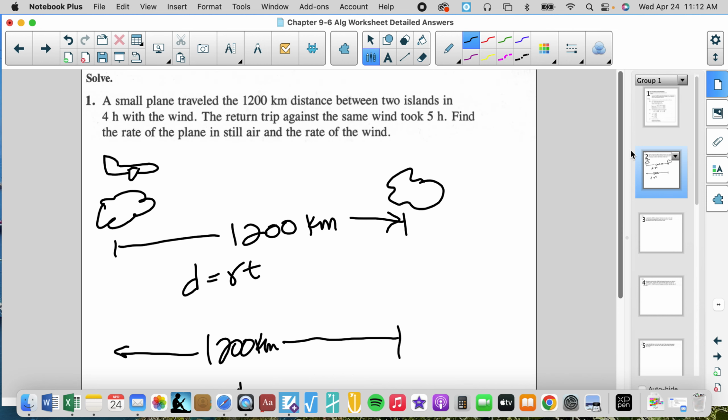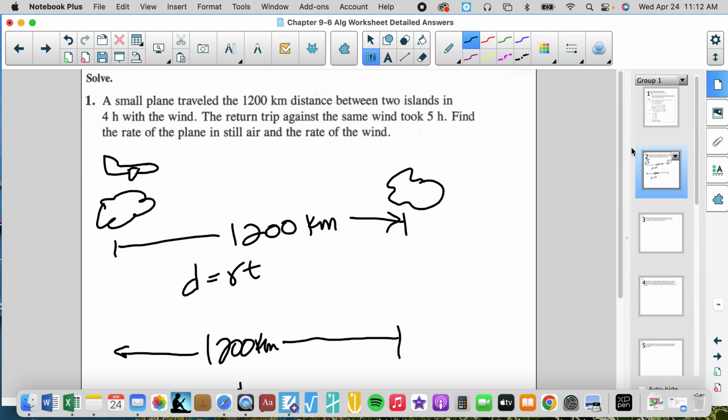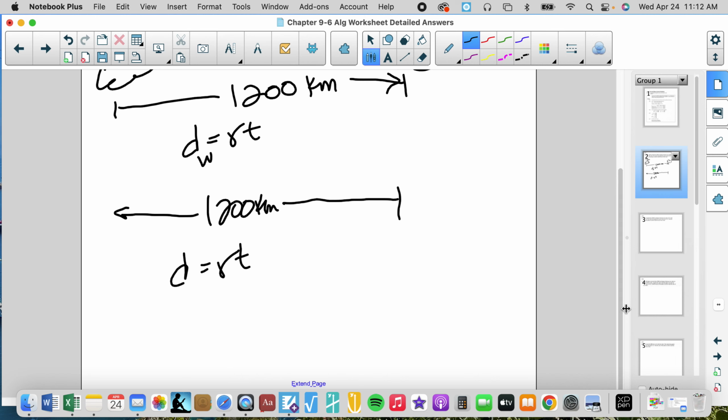So that distance is going to be the same. So we'll say distance with the wind, and then we have distance against the wind.